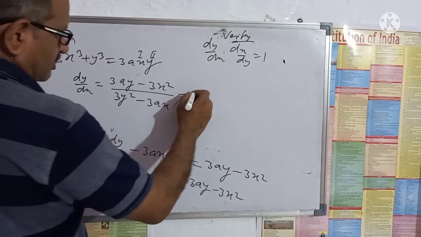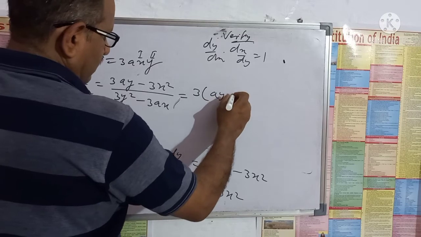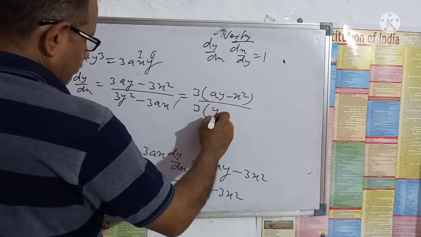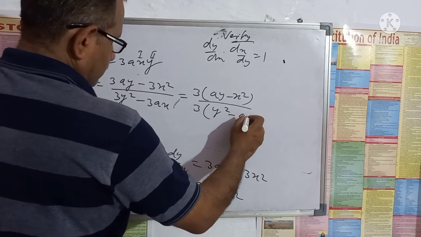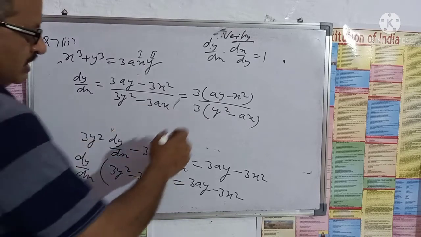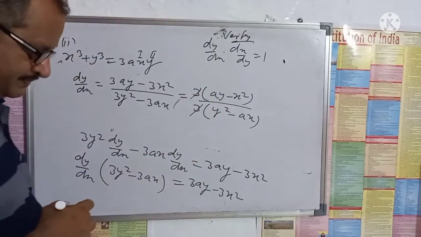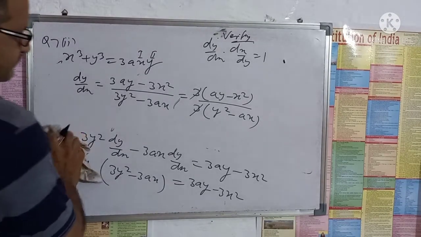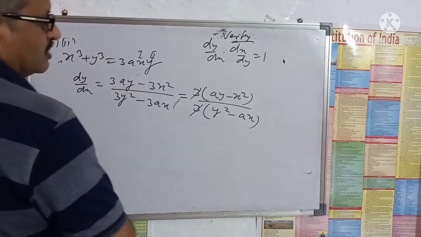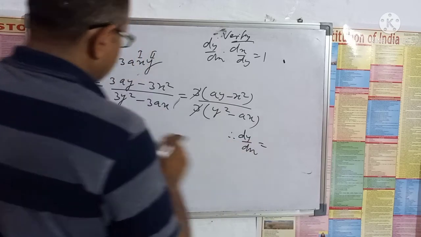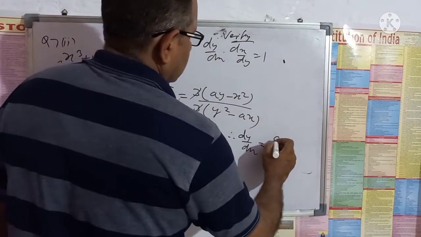Take 3 common: ay minus x square upon y square minus ax. Take 3 common, this 3 cancels. So what is dy by dx? Therefore dy by dx has come: ay minus x square over y square minus ax.